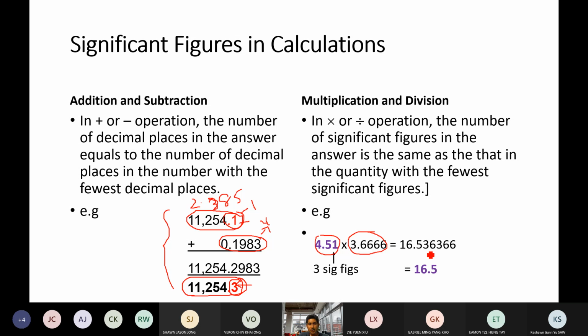You round up or round down or leave it unchanged, but it will have 3 significant figures. For multiplication and division, it follows the minimum number of significant figures. For addition and subtraction, it will follow the minimum number of decimal places.